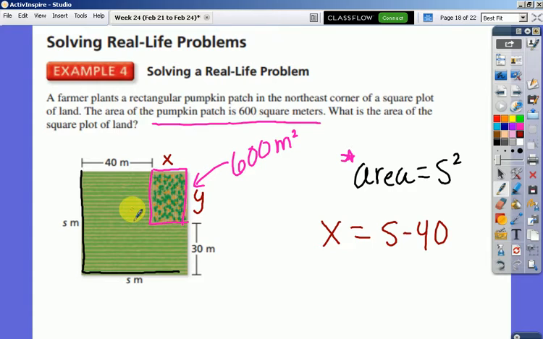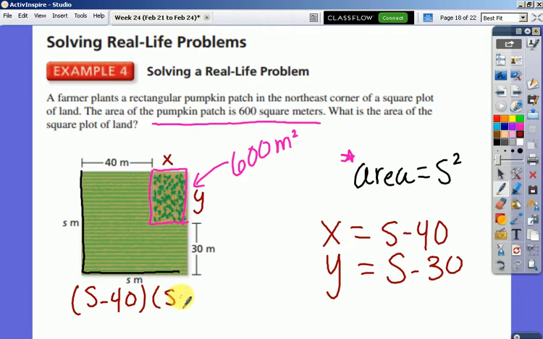And can't I say the same thing, that the entire other side of that square minus 30 is going to be that missing piece, right? And can I also say that if I multiply those two, s minus 40 and s minus 30, won't I get 600? Does that make sense?